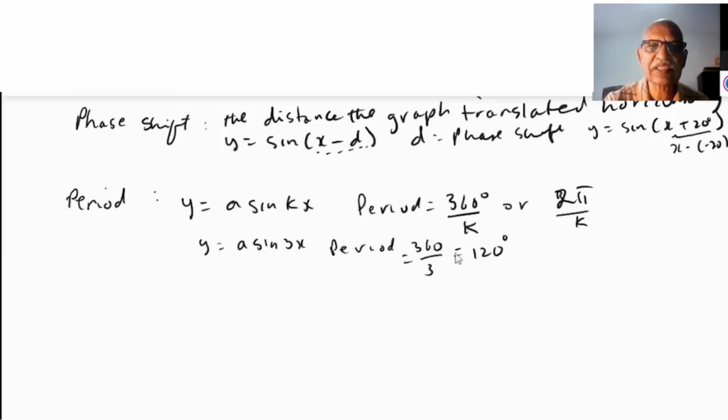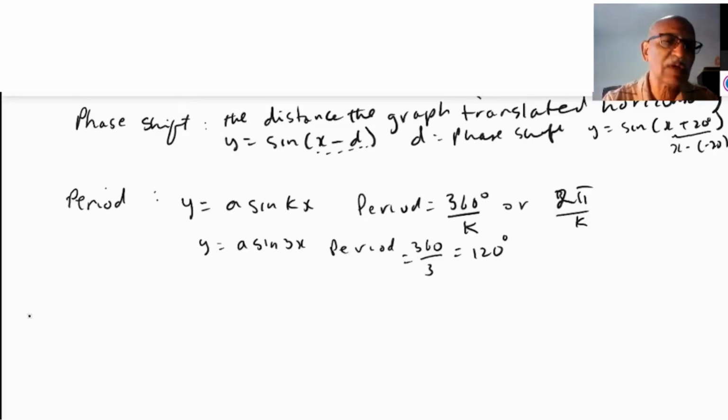The 360 becomes 3 cycles. So the period is like horizontal compression or expansion. If this number is more than 1, it is compression. So it compresses the period to smaller degrees, 120 degrees.